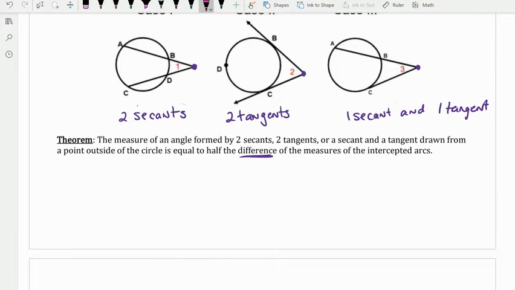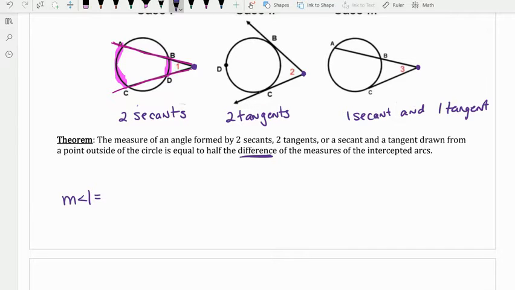Okay, so if I'm looking at angle 1, let's start with that one. For the measure of angle 1, I'm going to look at its two intercepted arcs. Remember, your angle is created by these two secants, right? So the two intercepted arcs, one of them is here, and the other one is here.